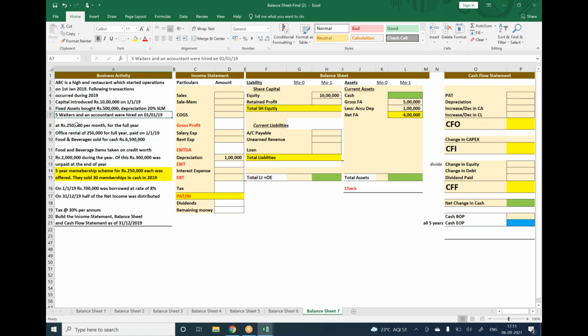5 waiters and an accountant were hired on 1/1/19 at 2,50,000 per month for the full year. So that means your salary is 2,50,000, it's the salary expense. Food and beverages sold for cash, rupees 65 lakhs. So that's your sales, right? 65.